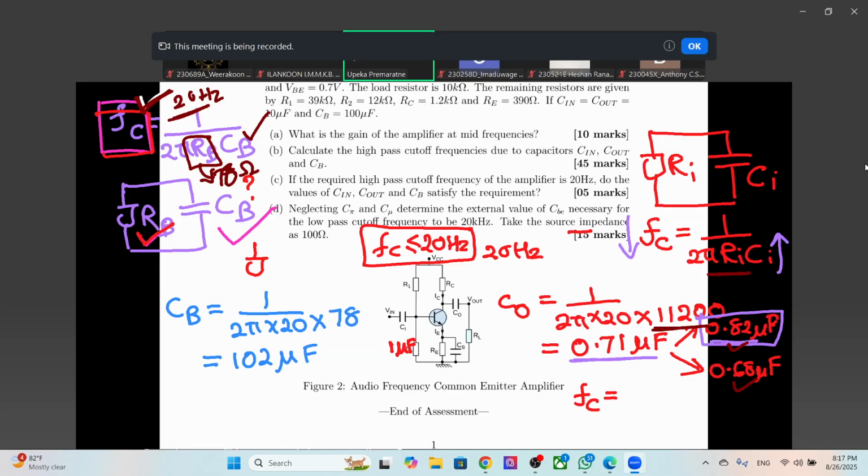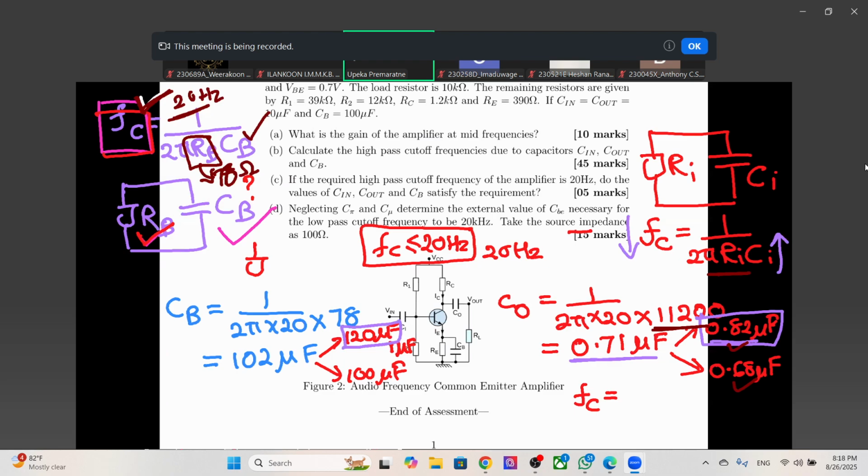So here also the same problem: practical values 120 microfarads or 100 microfarads. We want to reduce the cutoff frequency, so in that case, we go for 120 microfarads.